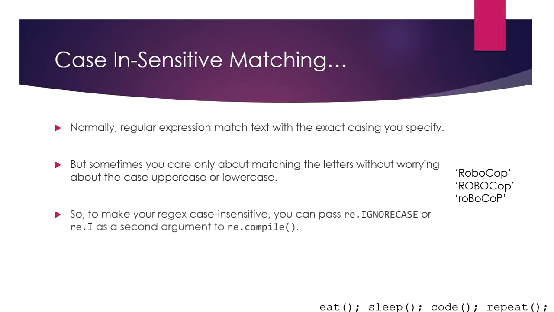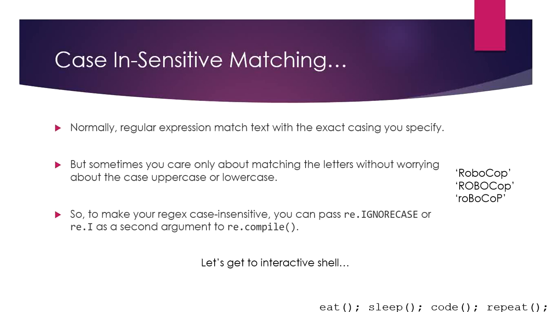For this, we pass a second argument to re.compile, that is re.IGNORECASE, or re.I for short. The first argument is always of course the raw string, and the second argument is re.IGNORECASE or re.I.